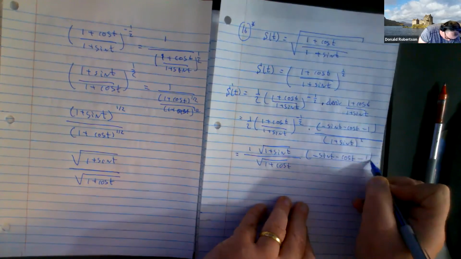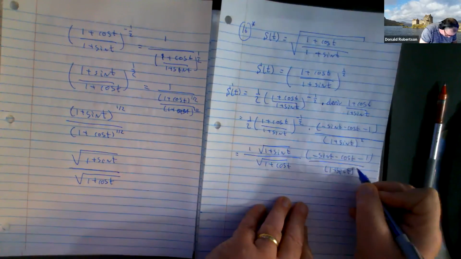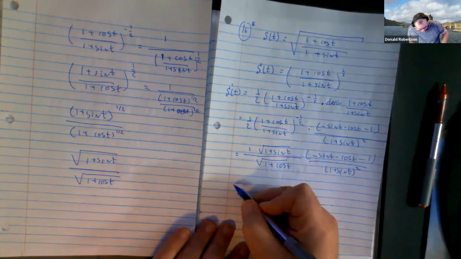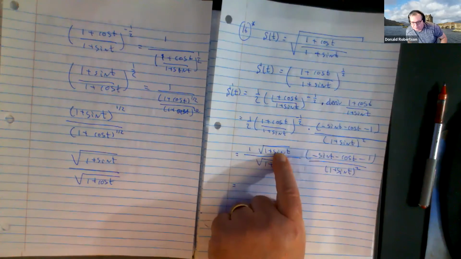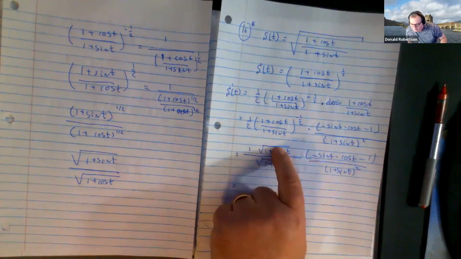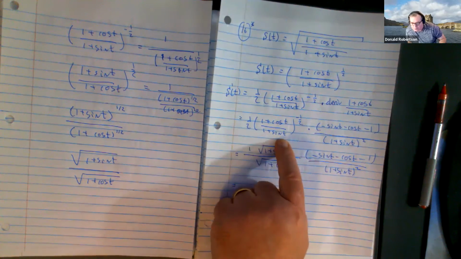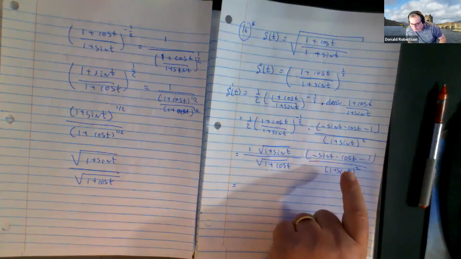And we have a 1 plus sine t squared. This 1 plus sine t squared and this half power, which is what a square root is, they can interact, can't they? They can cancel. If you have a half power on the top and a square on the bottom, when you cancel them, don't you get 3 halves left and it's on the bottom?